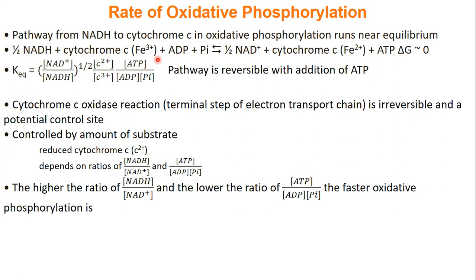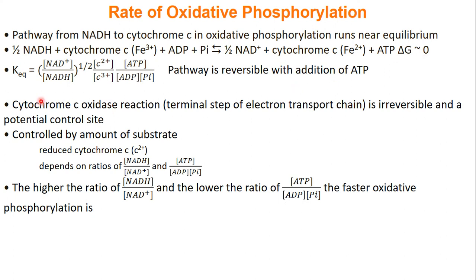And here's our equation. You see we have 1/2 NADH and 1/2 NAD plus, because we're just giving one electron away at a time. So in effect, it's 1/2 NADH. Overall, this reaction has a delta G near 0, which means it's at equilibrium.